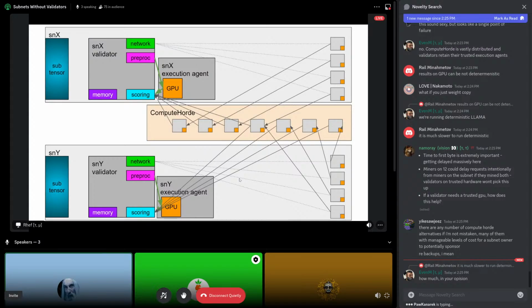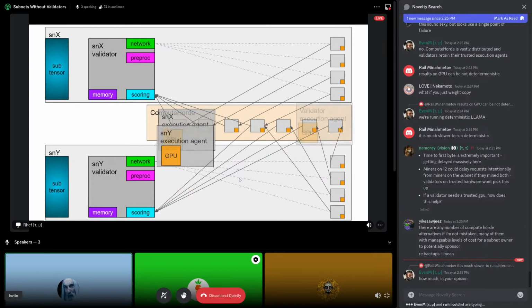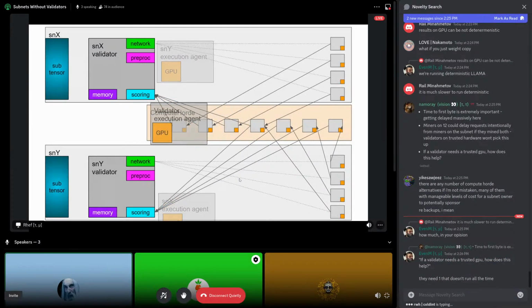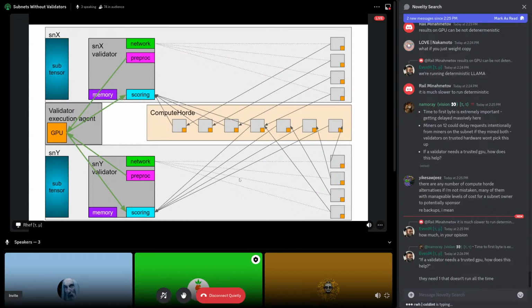So we can have subnet X and subnet Y, and compute horde currently has like 2,000 GPUs that can be used for this, so a sizable amount should be enough. But then, this is a very animated slide.